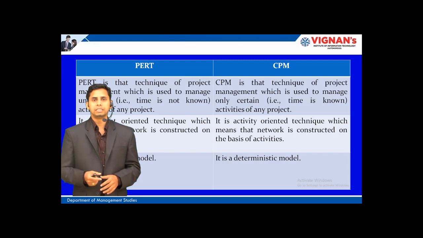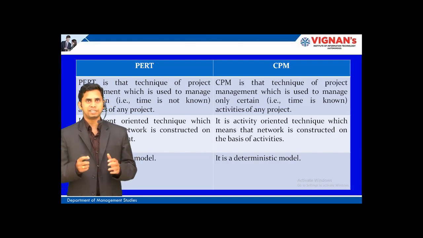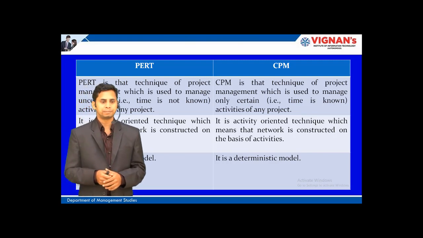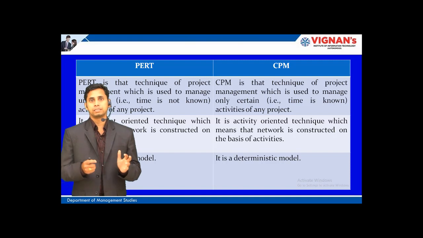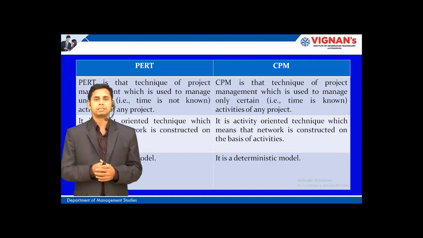Now let's see the difference between PERT and CPM. It's very important to understand the difference. PERT is a project management technique used to manage uncertainty, because the time is not known for the PERT technique.